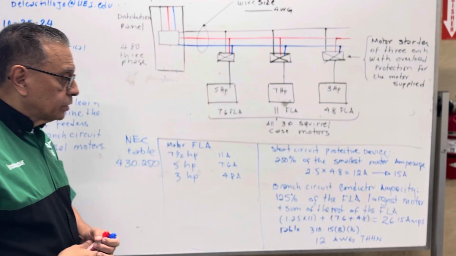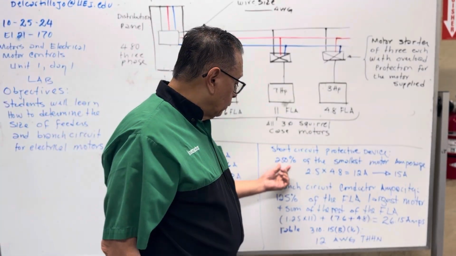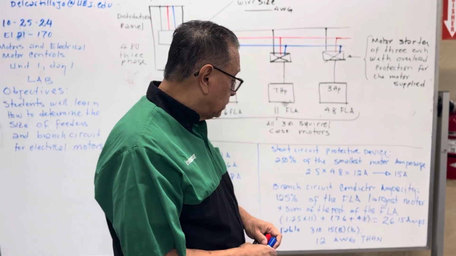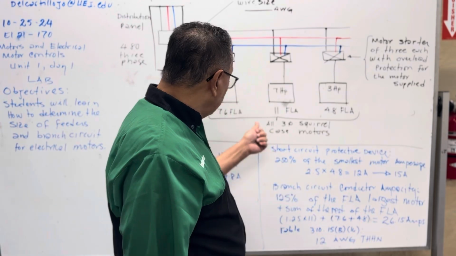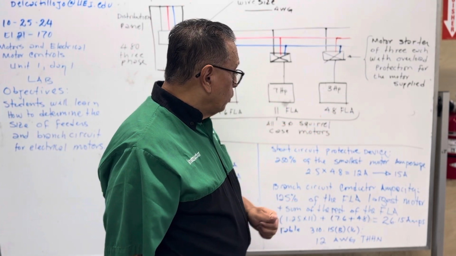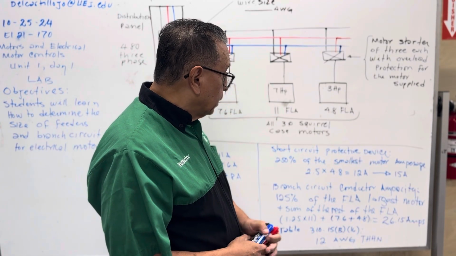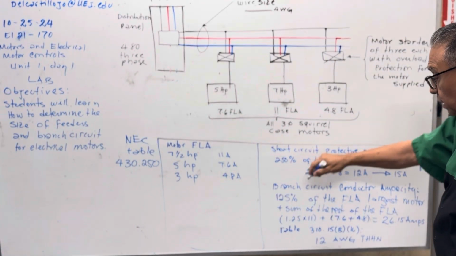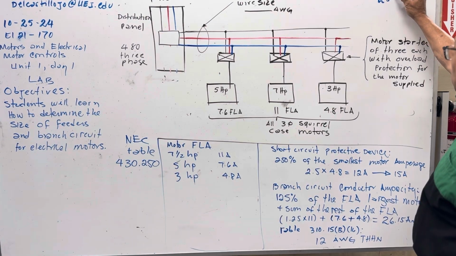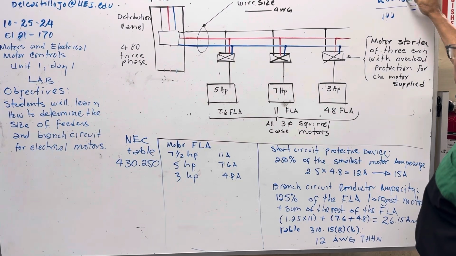For the short circuit protecting device, we need to calculate 250% of the smallest motor amperage, which is 4.8 full load ampacity. Keep in mind, as I was explaining in the previous one, to convert 250% into a factor, we divide by 100 and remove the percentage sign, which gives 2.5.